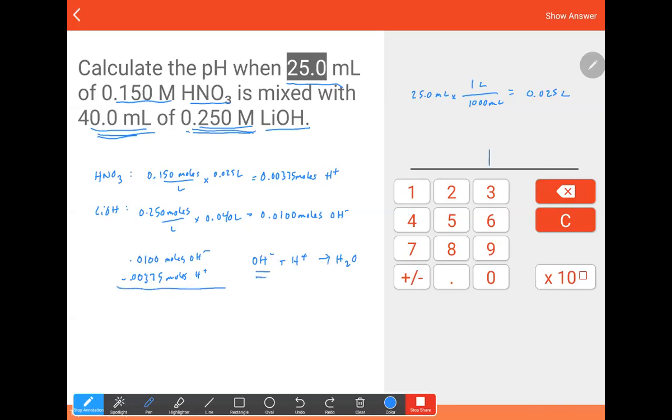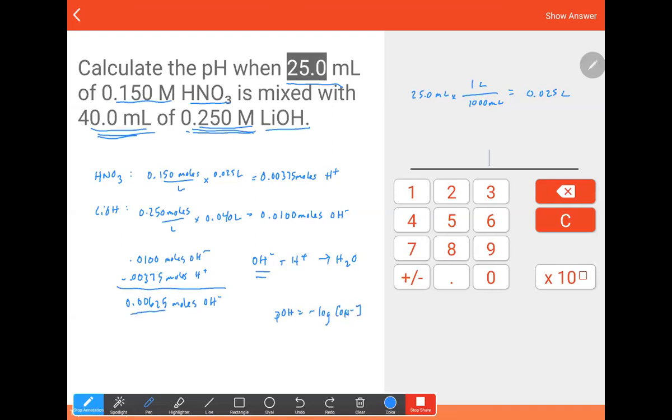So how much excess? We got 0.01 minus 0.00375, and we get 0.00625 moles of OH minus left. Now, remember, pOH is equal to negative log of OH minus concentration, but it's concentration, not moles.